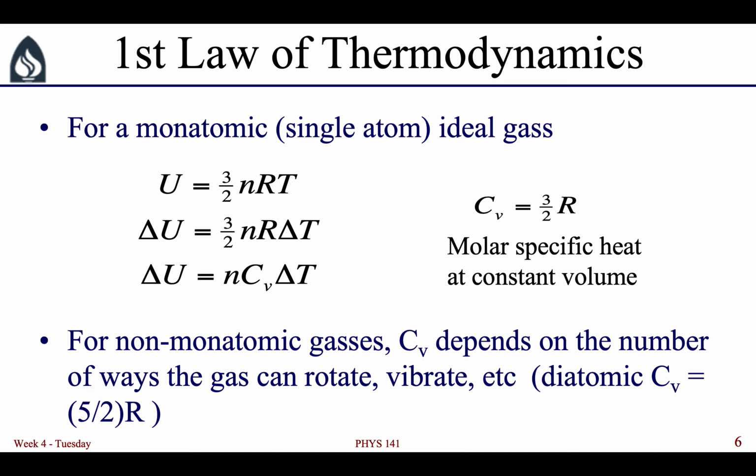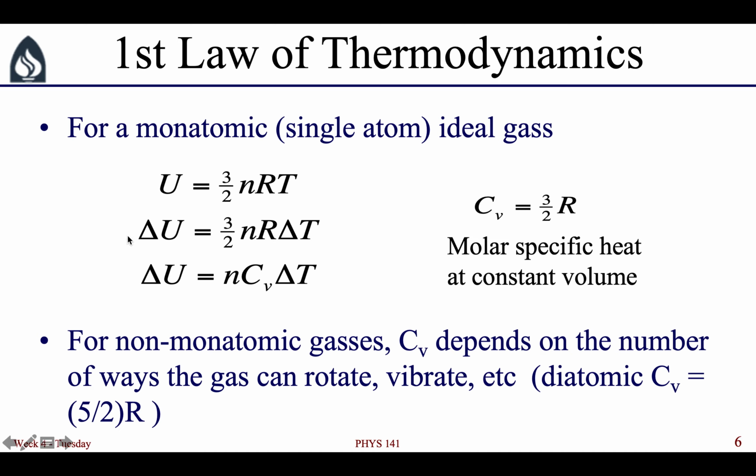Now, there are some other expressions we can write down for the change in internal energy. Before, we looked at how, if we have a monatomic gas, a gas made up of single atoms, something like helium or xenon, for example, then the internal energy is equal to 3/2 times nRT, where n is the number of moles, R is the ideal gas law constant, and T is the temperature in kelvins.